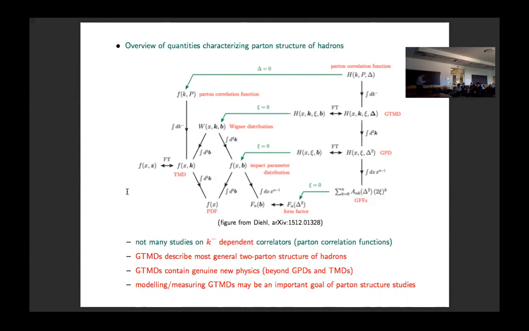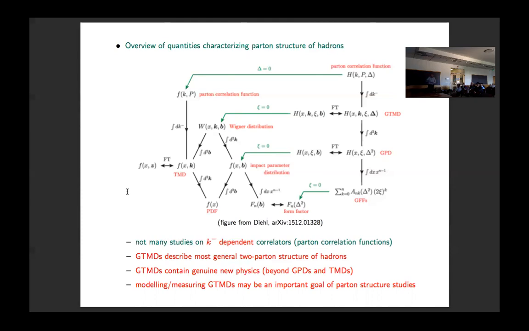This is not only evident from the fact that GPDs and TMDs are just projections of the GTMDs. There is actually a whole bunch of these GTMDs which survive neither the TMD limit nor the GPD limit, and these may actually be the most interesting ones.